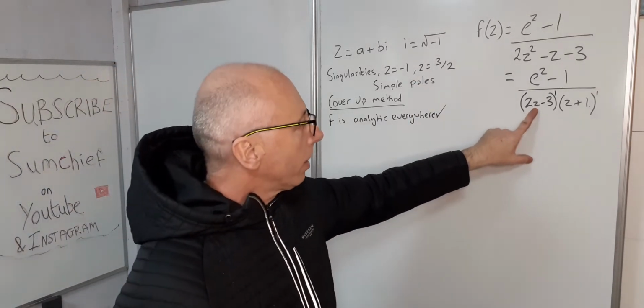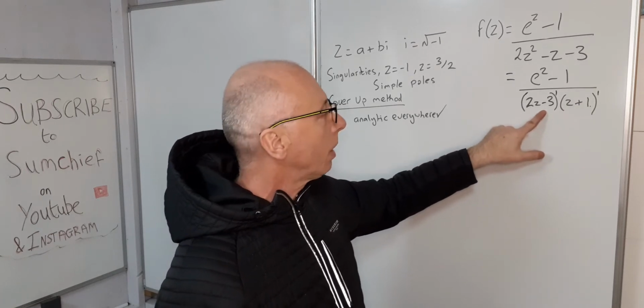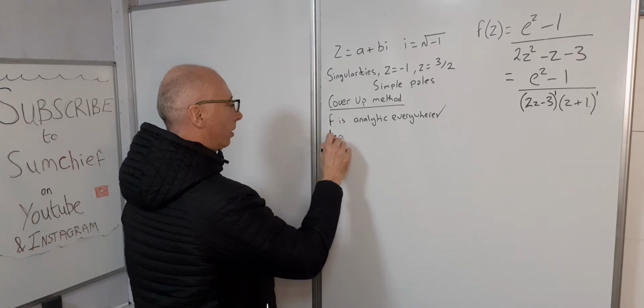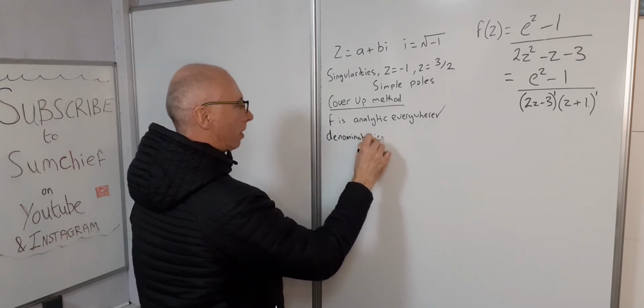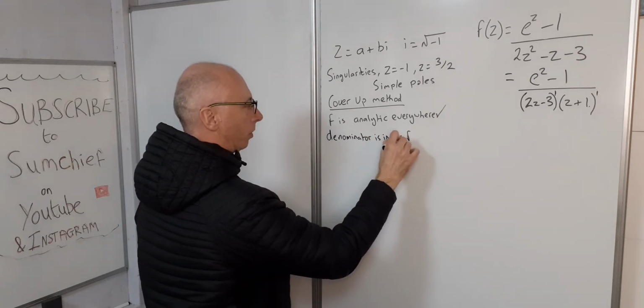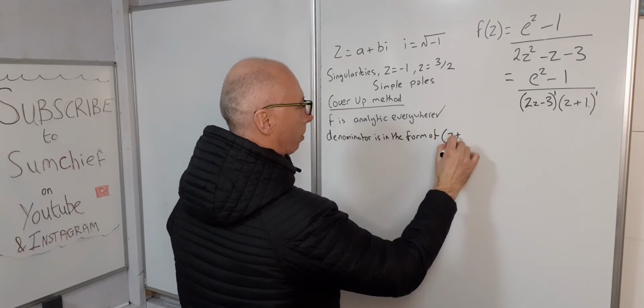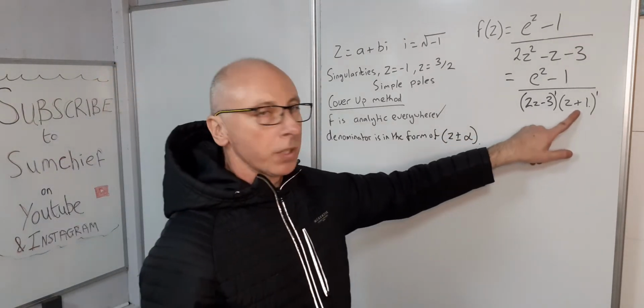Next problem we've got is we need the denominator in the form of z plus or minus alpha. So this one's okay.